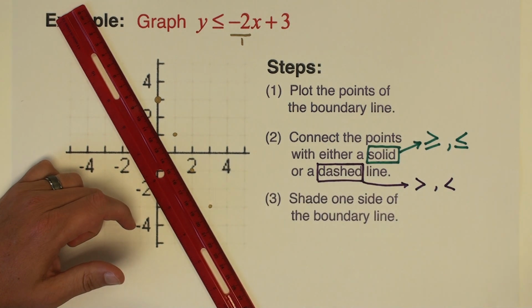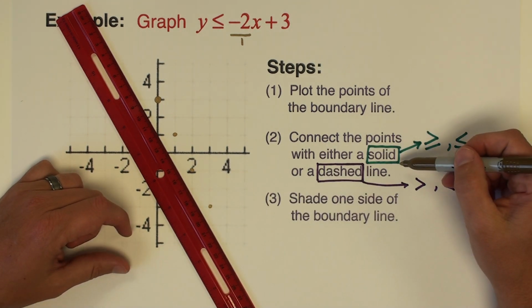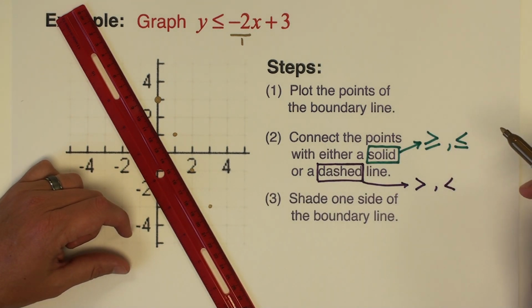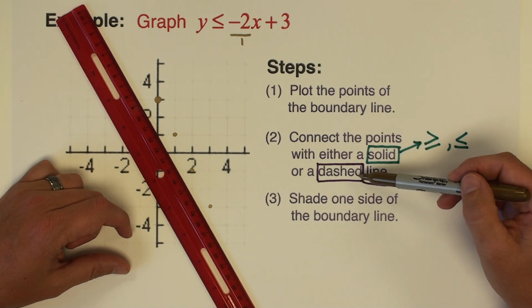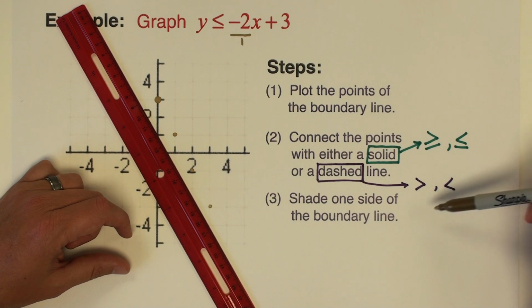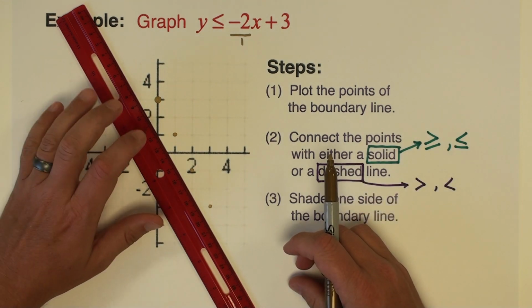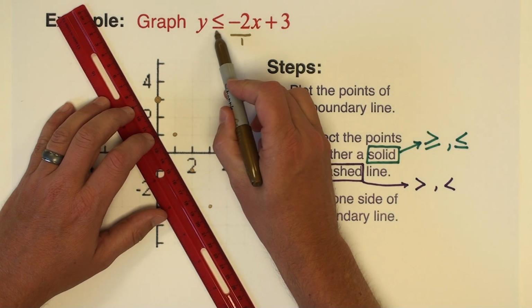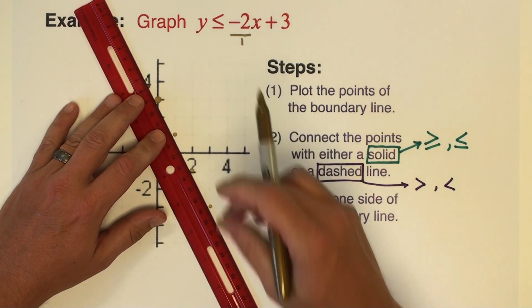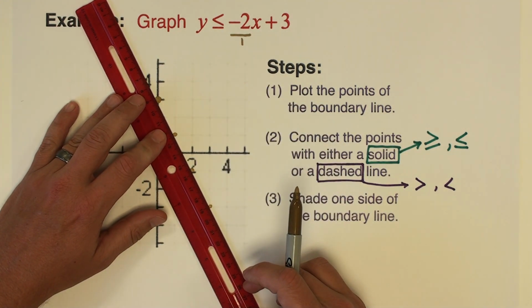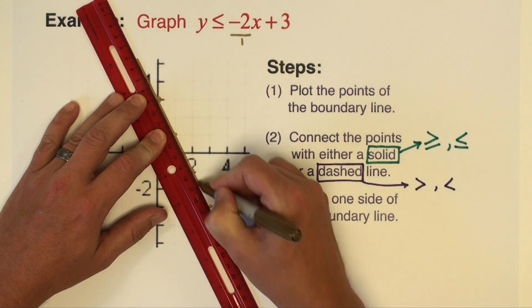You can think of the solid line as a filled-in circle on a number line, used when we're equal to, and the dashed line as the open circle on a number line that we would use if we don't have equal. This inequality has an equal to underneath it, and since it has an equal to, we're going to connect these points with a solid line.